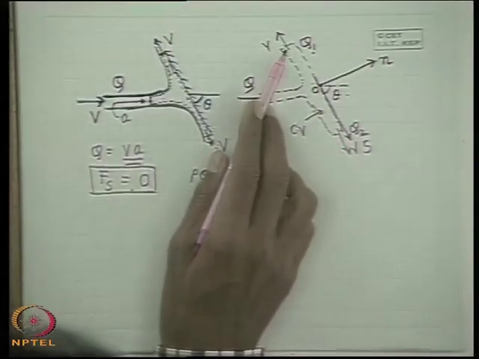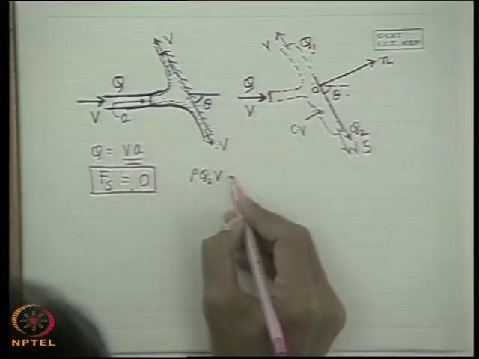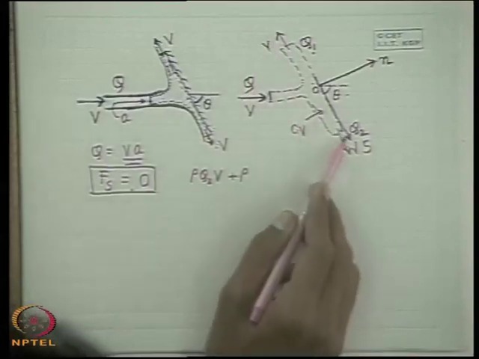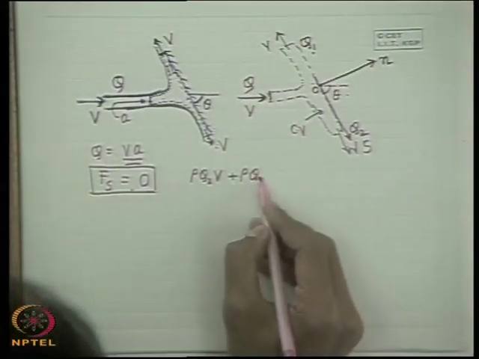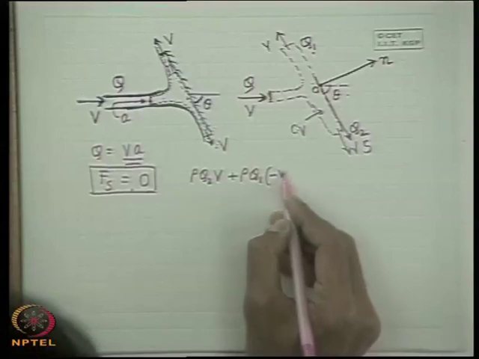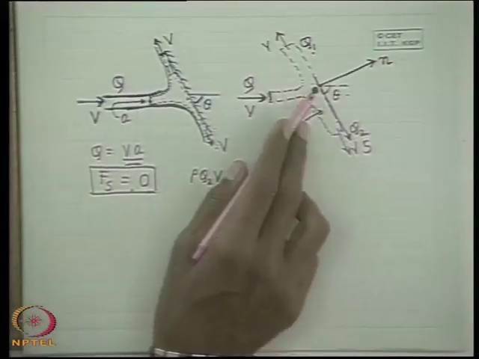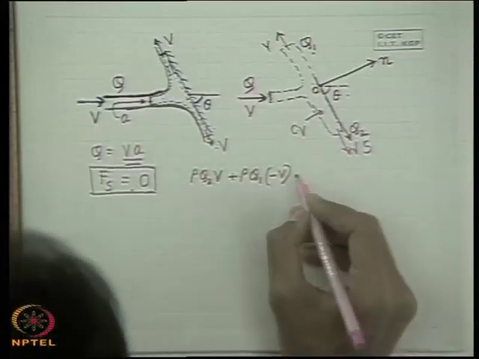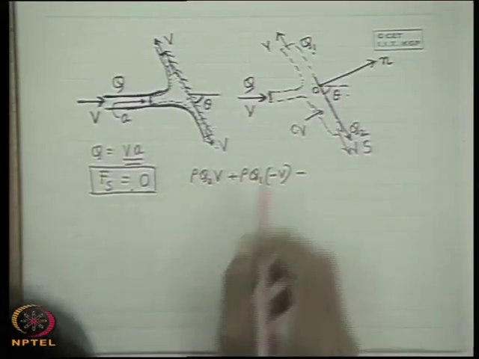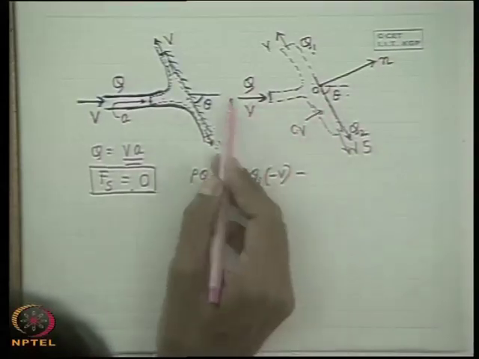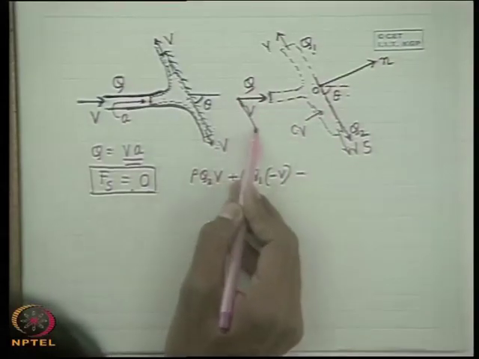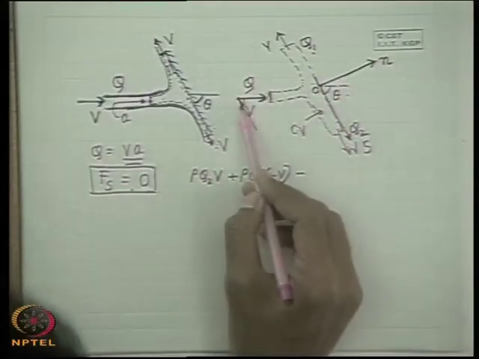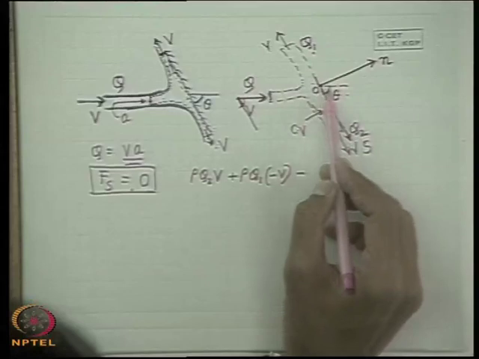What is the momentum efflux due to this? This will be plus, so momentum is coming out from the control volume in both the planes: rho Q1 into minus V, because this V is in the opposite direction to the coordinate axis OS, taken positive in this direction. Well, so this minus the incoming momentum of the fluid along this direction. We have chosen this direction as theta because this angle is theta.